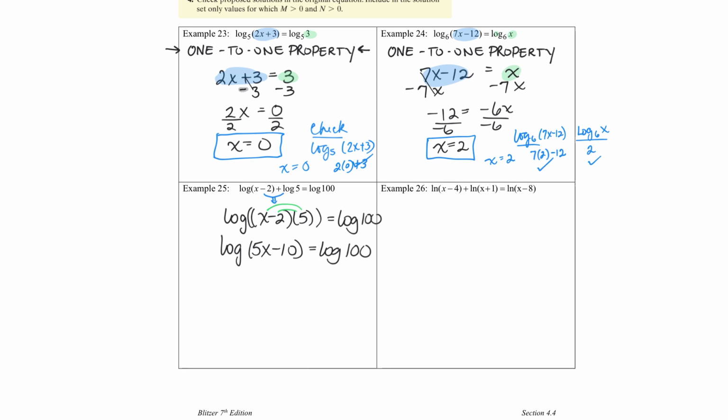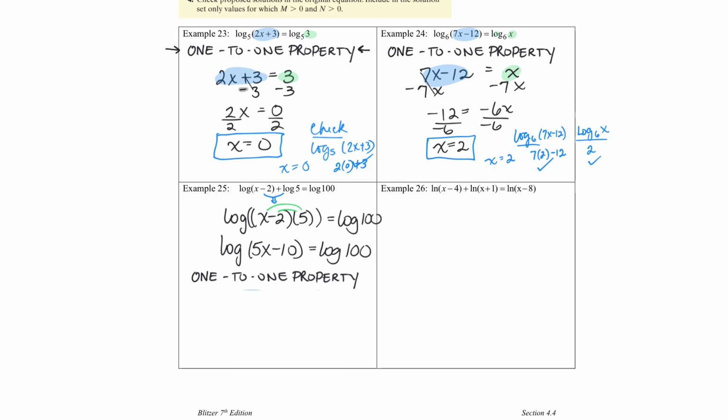And now I have the situation where I have a logarithm base 10 equal to another logarithm base 10. And then I can use, again, that one-to-one property to rewrite this logarithmic equation without the logs.